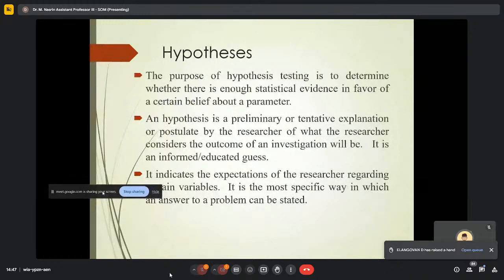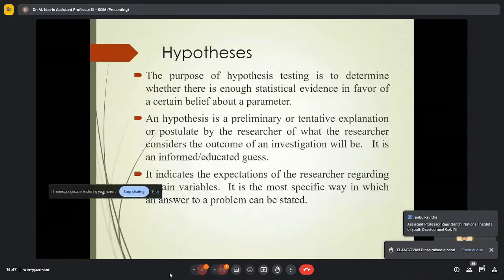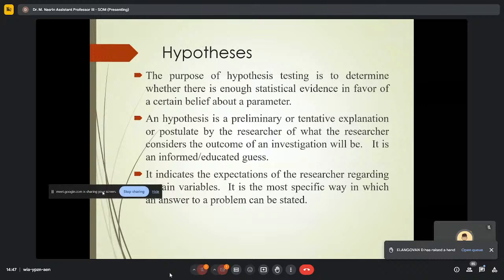Now coming to the second topic, hypothesis. Hypothesis is singular, hypotheses are plural. These are assumptions. My assumptions may be a tentative statement or postulate by the researcher of what the researcher considers the outcome of an investigation will be. So it is an informed, educated guess.